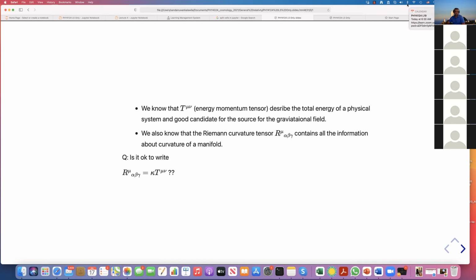So at least what is the rank of the tensor which is in the left-hand side? That is the Riemann curvature tensor R mu alpha beta gamma. Now just give me the answer for that one at least. What is the rank of that tensor in the left-hand side? It is not hard to answer, right?